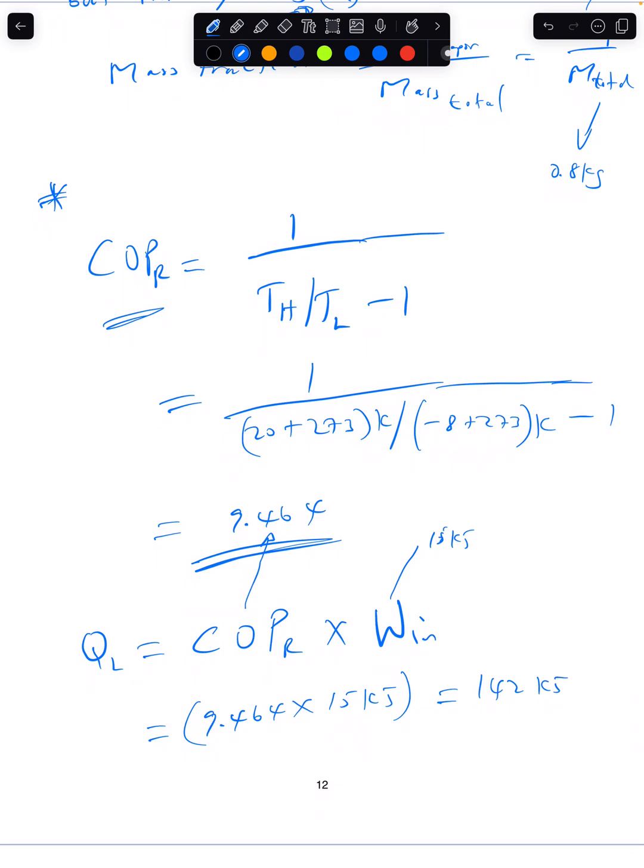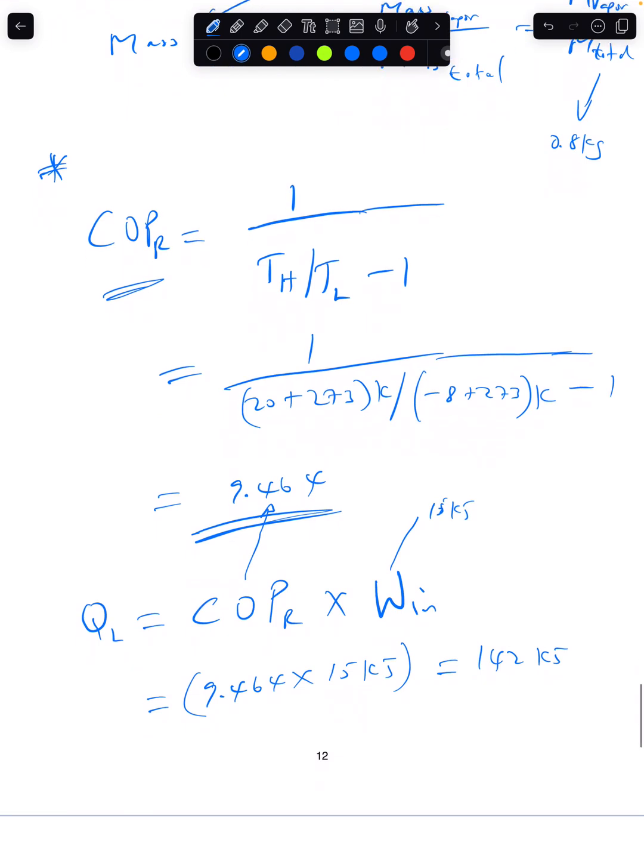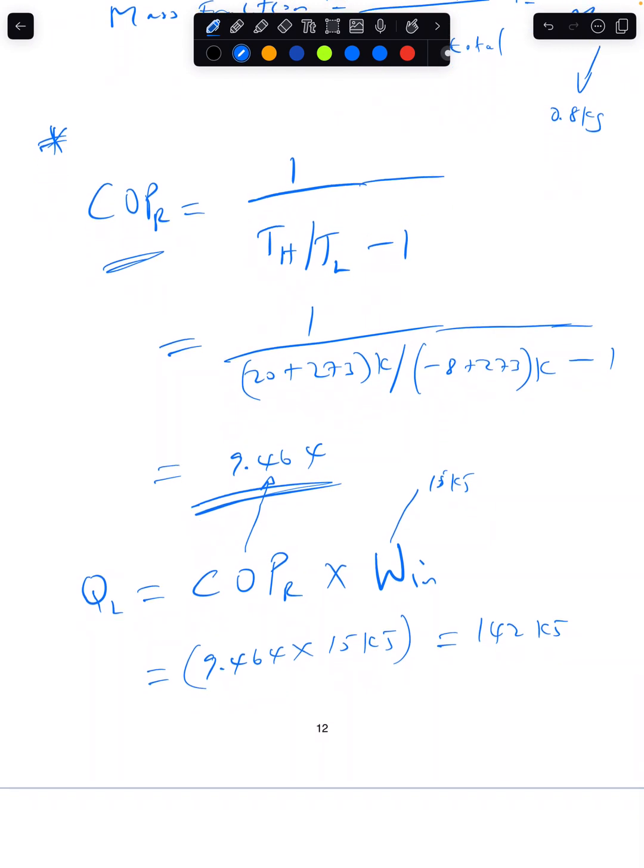For that property, we go to our table of enthalpy, the enthalpy of vaporization for refrigerant 134A at minus 8 degrees Celsius.